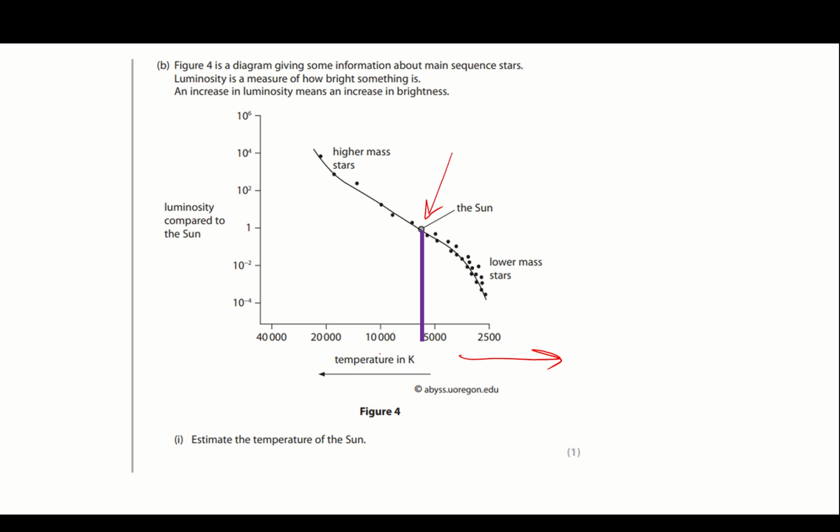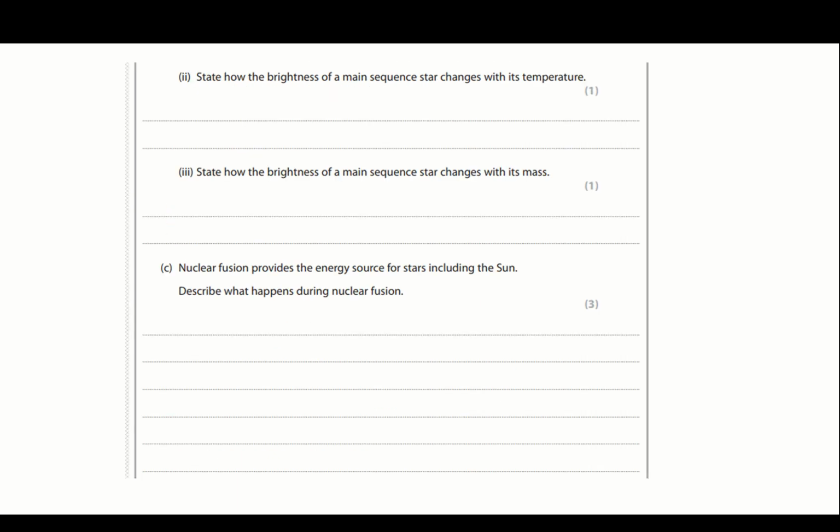We want the temperature bit, so we read the x-axis and draw a line down. If I was to split that in half, so that's 7,500, 6,000, 6,500. I've gone for 6,000. I reckon 6,500's probably a bit closer to it. I think you could have anything between 5,500 and 7,500. So that's a nice easy one there.